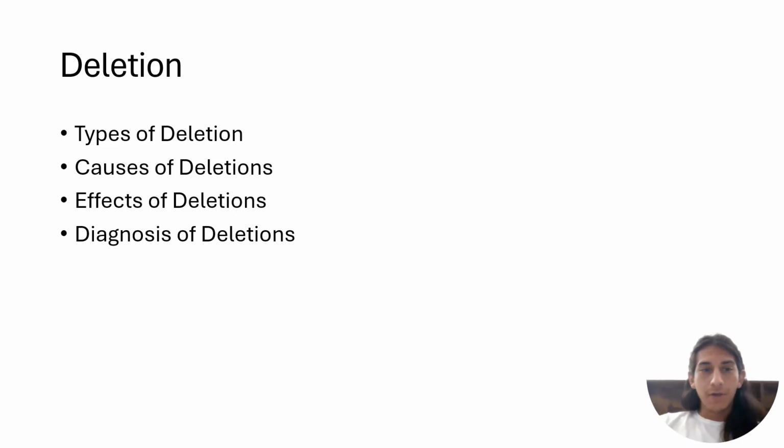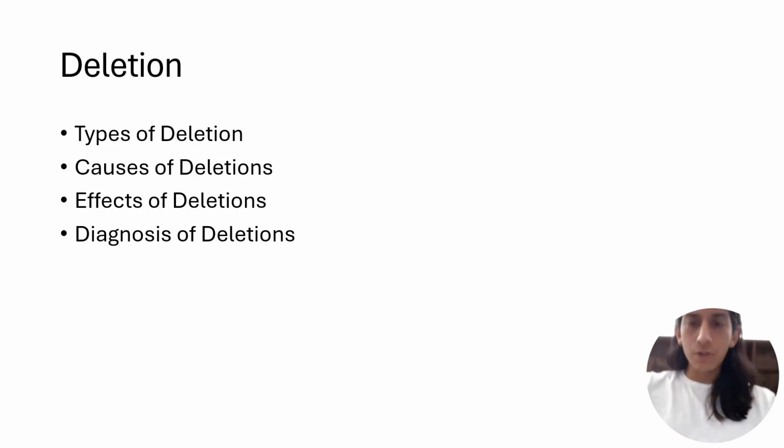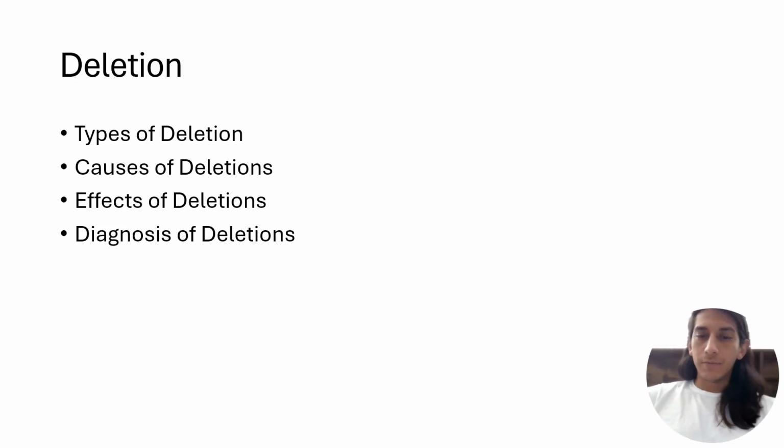Exposure to mutagens: we talked about this before, like an exposure to a toxin or a certain environmental factor. This affects your genome. Deletions can occur during exposure to mutagens such as radiation or chemicals. Viral infections: deletions can occur due to viral infections such as the human papillomavirus, or HPV.